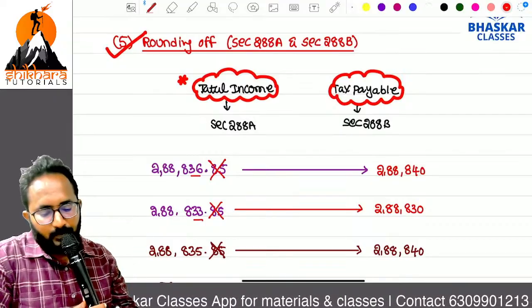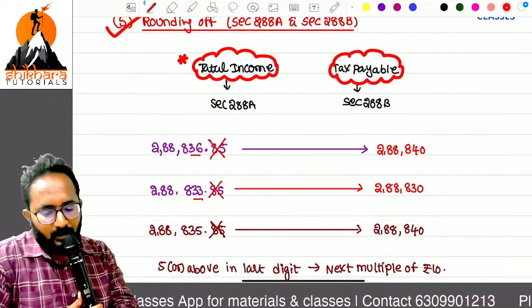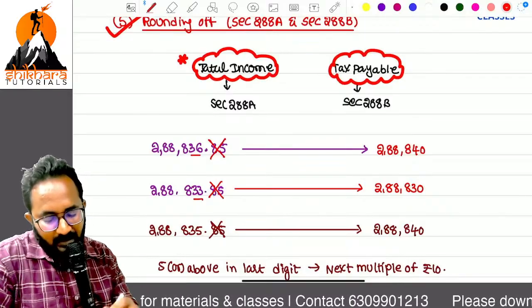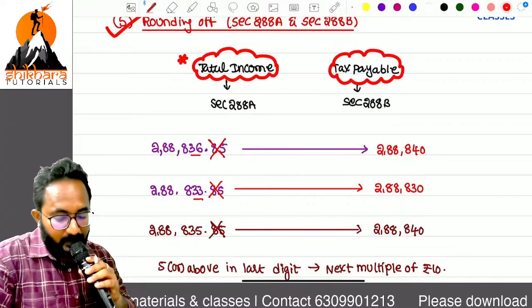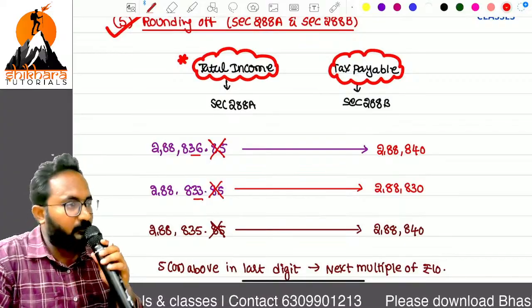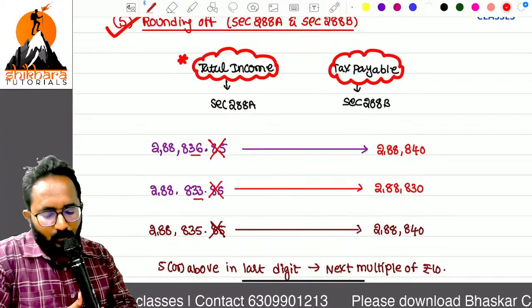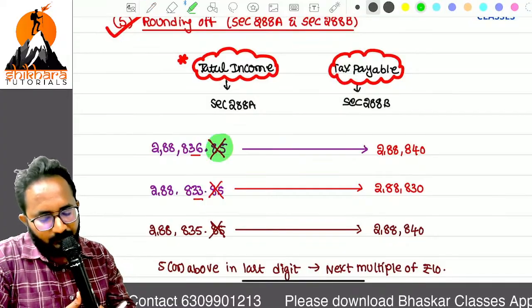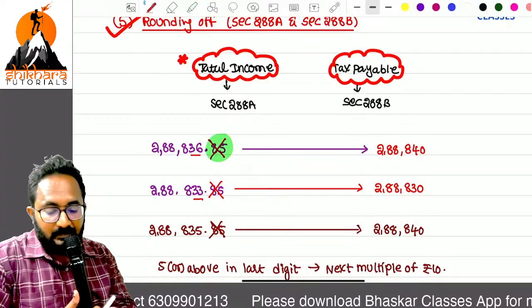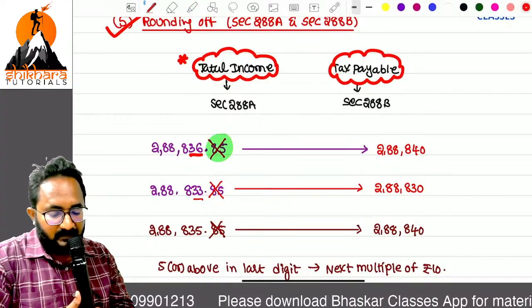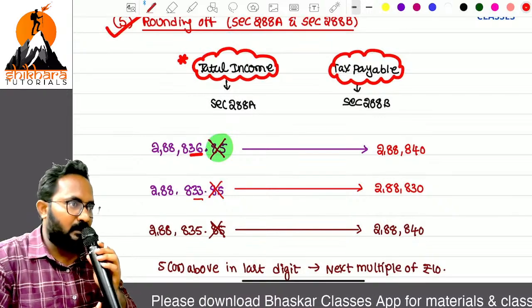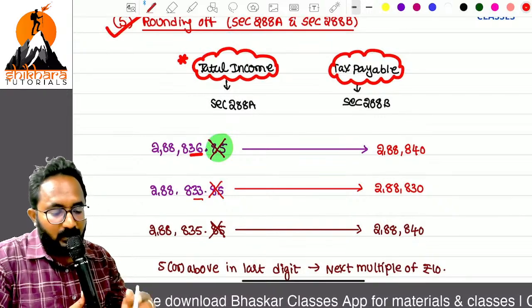For example, if your total income is 2,88,836 rupees 85 paisa. So ignore paisa. And the last 2 digits observe. 836 is there, rounding off to 840.